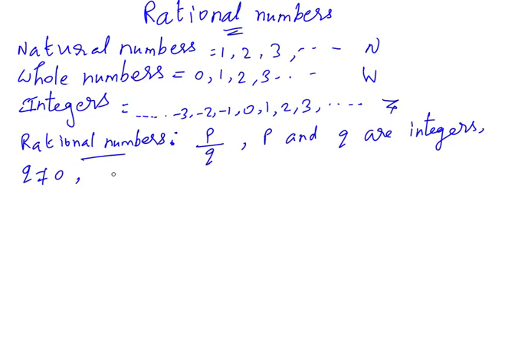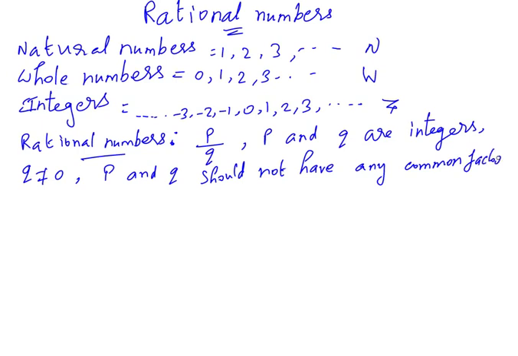And the main important thing is p and q should not have any common factor other than 1. So those numbers are called rational numbers.